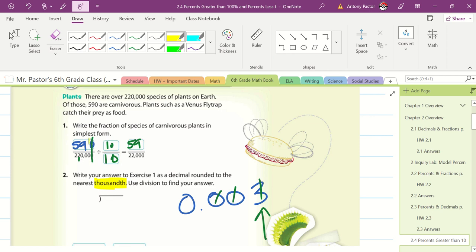We divided both by 10 because they both ended in 0, so that gave us 59 over 22,000. I could not simplify this down. It wanted us to write it as a decimal rounded to the nearest thousandth. The only way I could do that was dividing numerator by denominator. When I did this and rounded, I got 0.003, which is why this is written here.